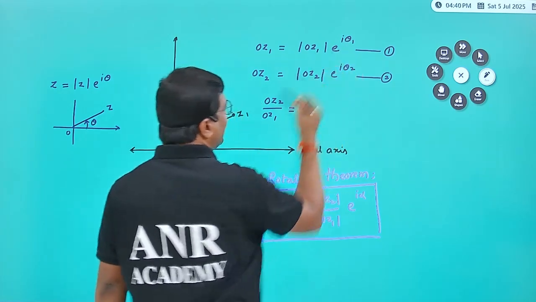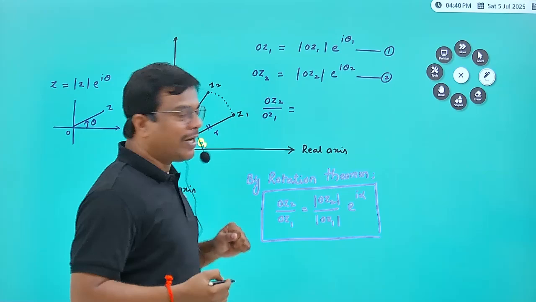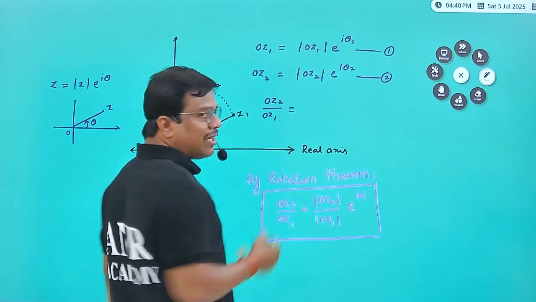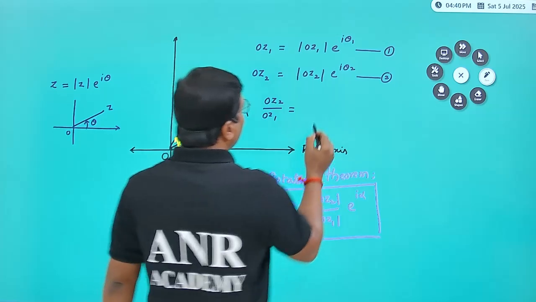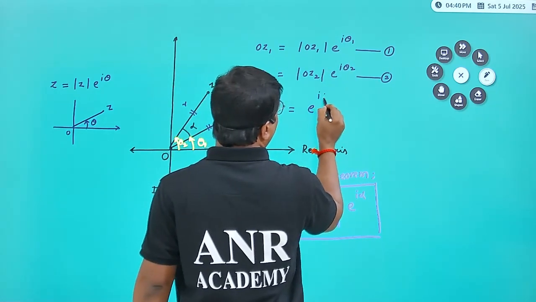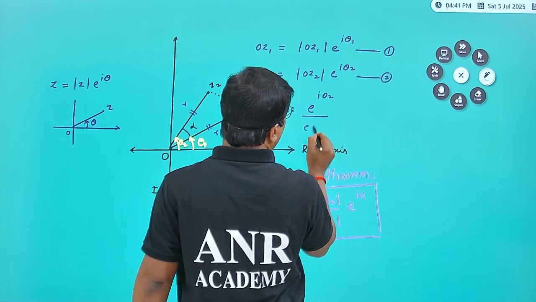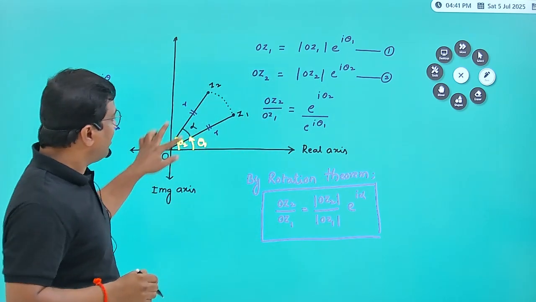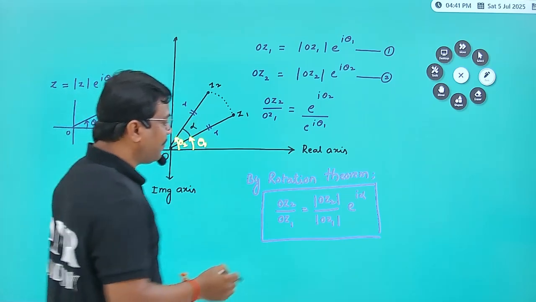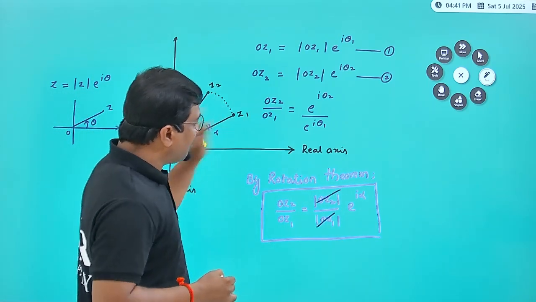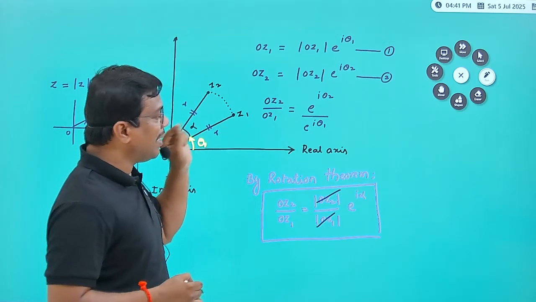This is r into e power I theta 1, the second one r into e power I theta 2. On division, these two lengths are equal, so they get cancelled and we get e power I theta 2 divided by e power I theta 1. Whenever these two are of the same length, they get cancelled. OZ2 by OZ1 gives e power I theta 2 by e power I theta 1.